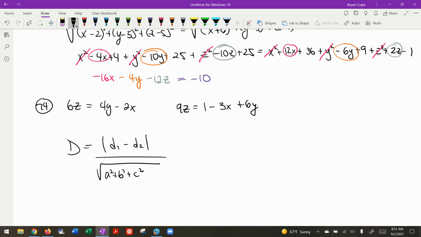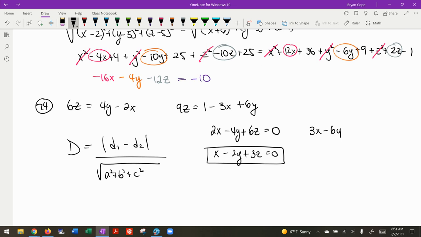All right. So my first plane I'm going to write as 2x minus 4y plus 6z equals 0. I'm going to divide through by 2, so x minus 2y plus 3z equals 0. There's my first plane. And then my other one is going to be 3x minus 6y plus 9z minus 1 equals 0.